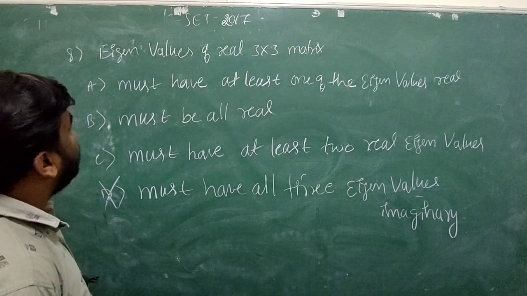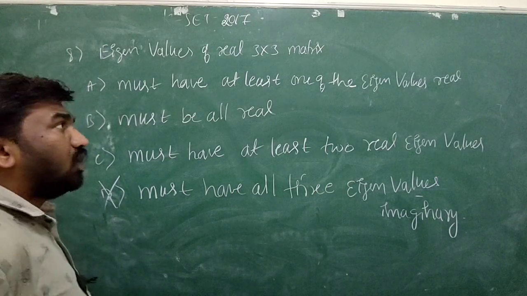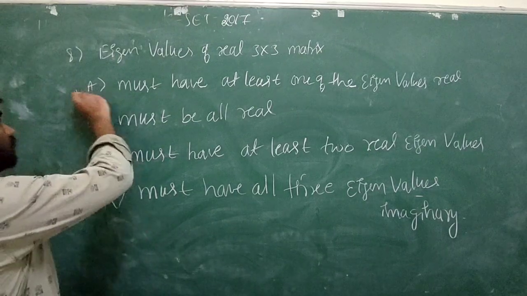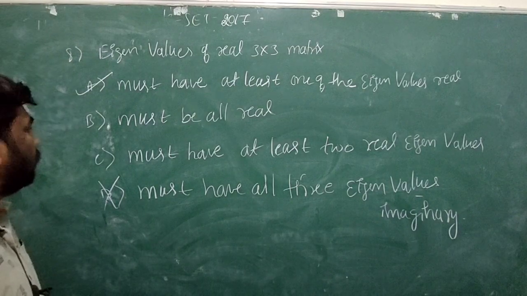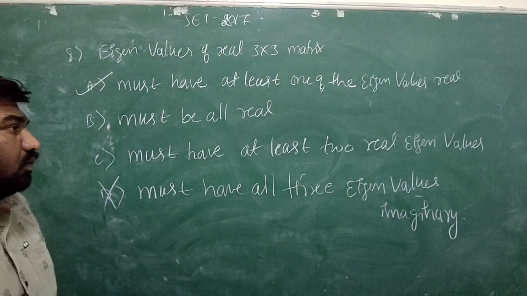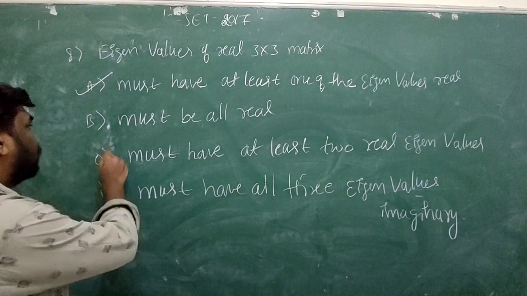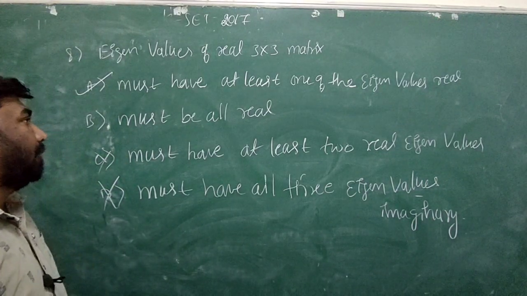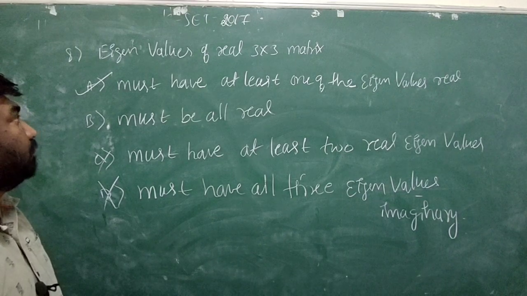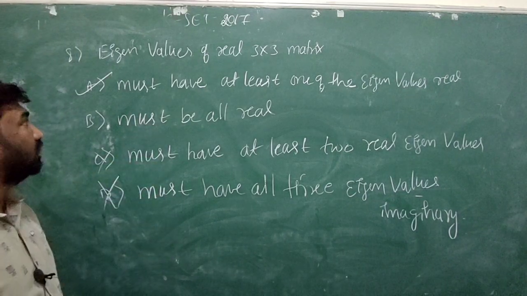So quite difficult, but at least one of the eigenvalues must be real. You can choose that, at least one of the eigenvalues must be real. It's a safer zone. So these also we can't say, and must be all, but must have at least one of the eigenvalues real. So option A is correct.